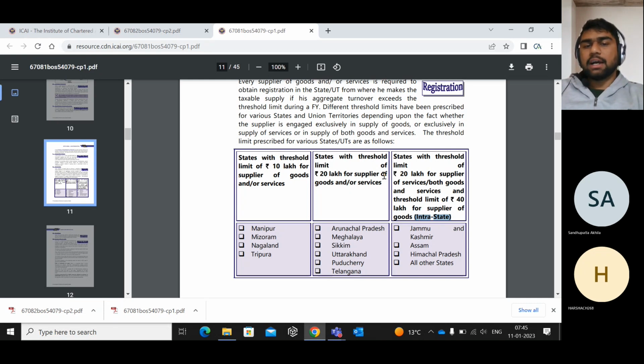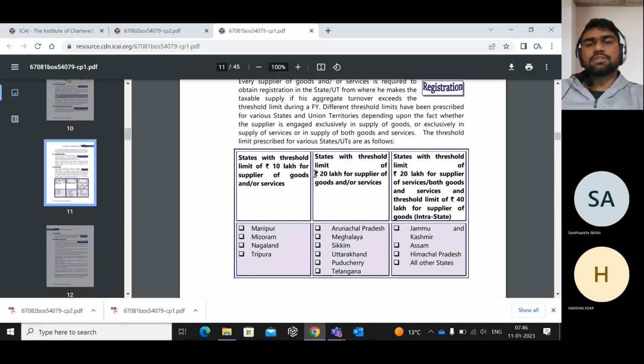I told you before, irrespective of the turnover, where a person makes interstate supplies, meaning from one state to another state, that supplier needs to take registration irrespective of turnover. Even if he makes a supply of rupees 1,000, he is compulsorily liable to register under GST irrespective of turnover. So that's why only intrastate is mentioned, as for an interstate supply, they are compulsorily liable to register.